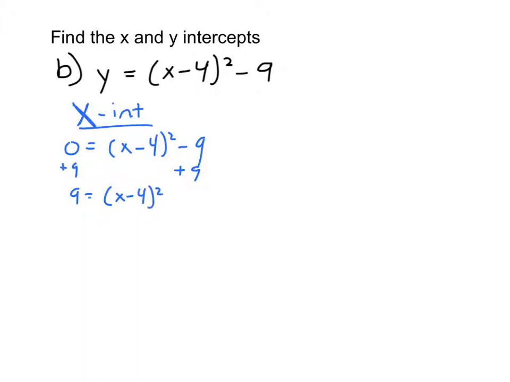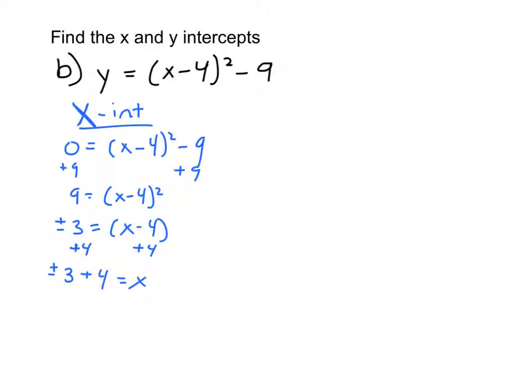The square root of 9 is 3. Don't forget plus or minus 3, because this could be either positive or negative. Then I'm going to add 4 to both sides to get x by itself. So I'll have x equals plus or minus 3 plus 4.